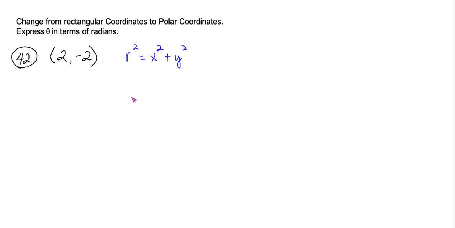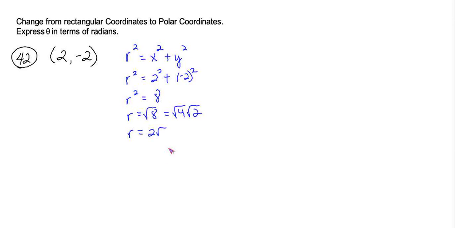So, substituting into my problem, r squared equals 2 squared plus negative 2 squared. So r squared is 4 plus 4, which of course is 8. So r is the square root of 8, which I'm going to simplify. Remember, it has a perfect square factor of 4. Square root of 4 times square root of 2. So that gives me 2 square roots of 2.